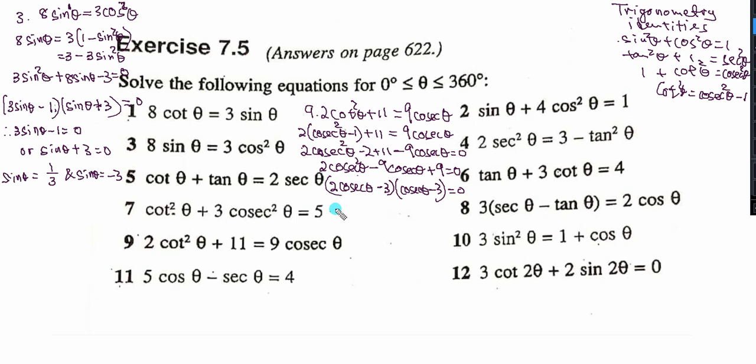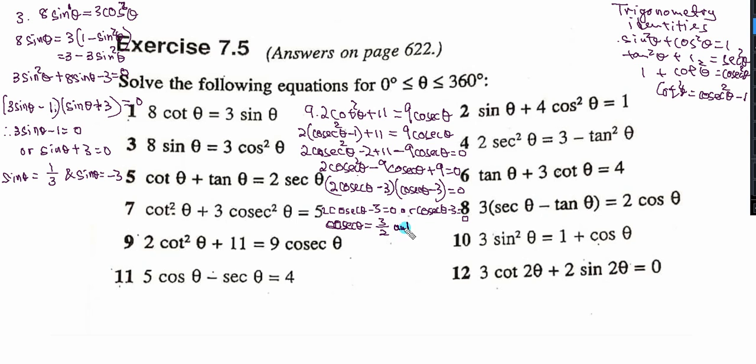Therefore 2 cosecant theta minus 3 is equal to 0, or cosecant theta minus 3 equal to 0. Simplifying, you get cosecant theta equals 3 over 2, where the 3 brought over stays 3 and the 2 in front goes to the bottom.